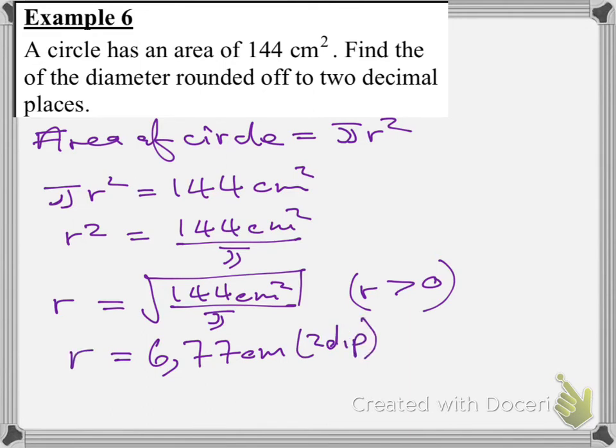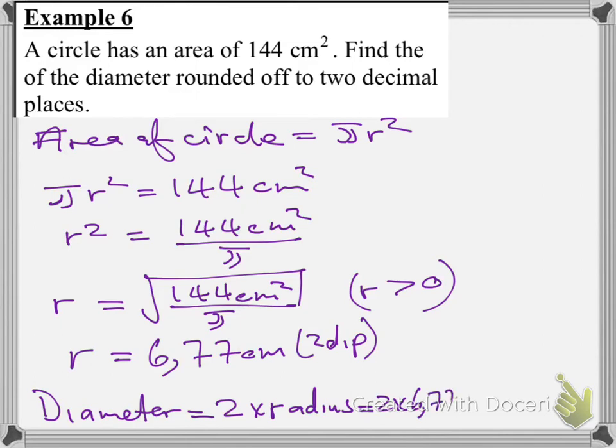What we know is that the diameter of a circle is equal to 2 times the radius, which is going to be 2 times 6.77 centimeters, which will be equal to 13.54 centimeters. That is your answer.